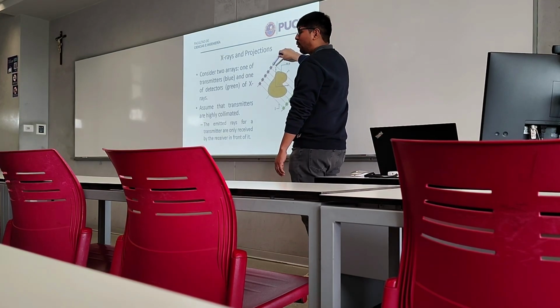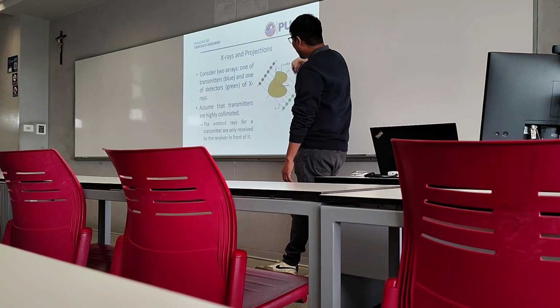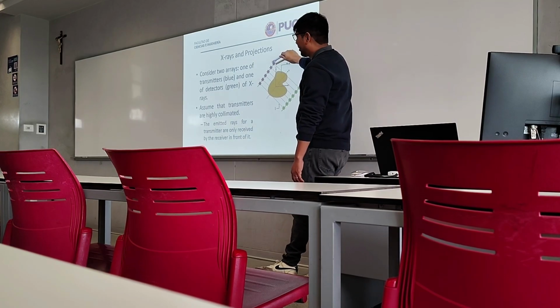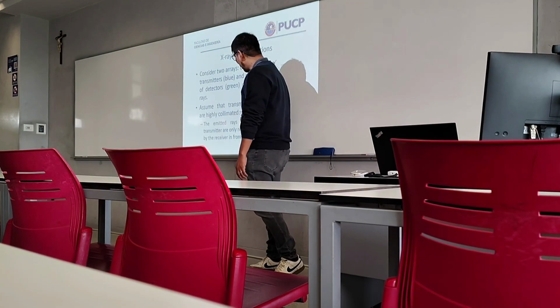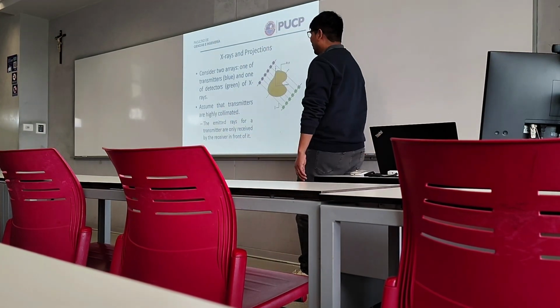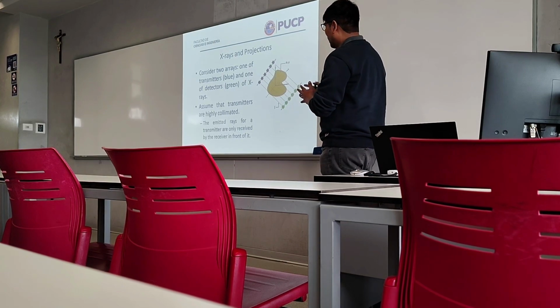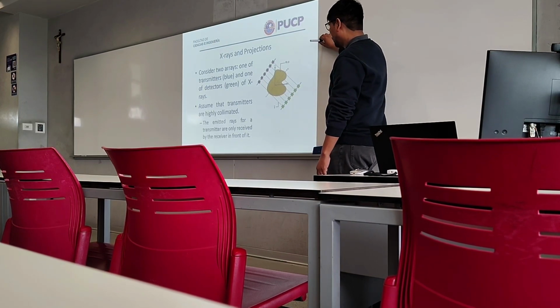If we were talking about ultrasound, probably we talk about very narrow beams. So it's similar here. The beam is narrow, but in particular we use the term collimated to refer that the beam is very narrow.